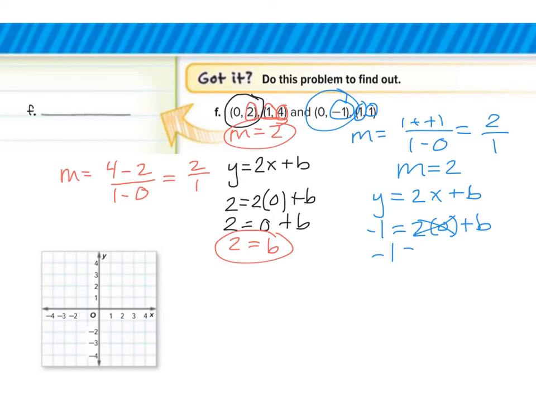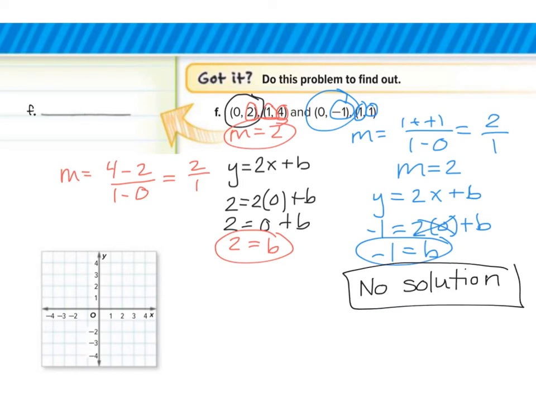So -1 is b. They both have the same slope but different y-intercepts. So I can graph it, but I also know that there's not going to be any solution because the lines will be parallel. So no solution for this one, but I'll graph and show you as well.